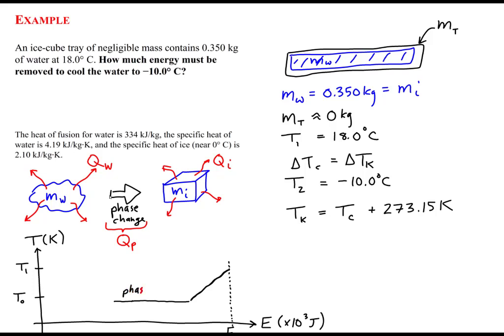So we'll just call this phase change. In this range, we were still water. And then after the phase change occurs, our now newly formed ice will continue to cool until we are at minus 10 degrees Celsius. So I will label that temperature T2. That's an energy I'll call E2.